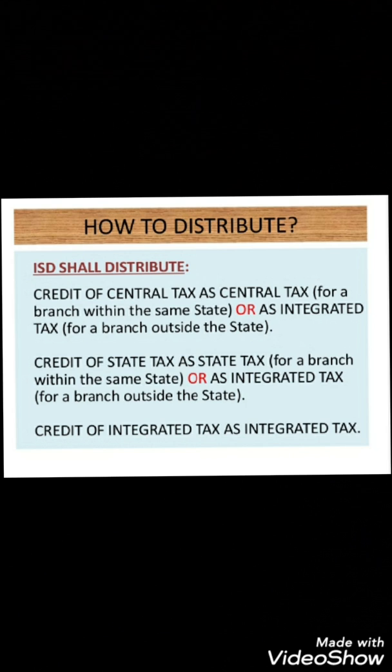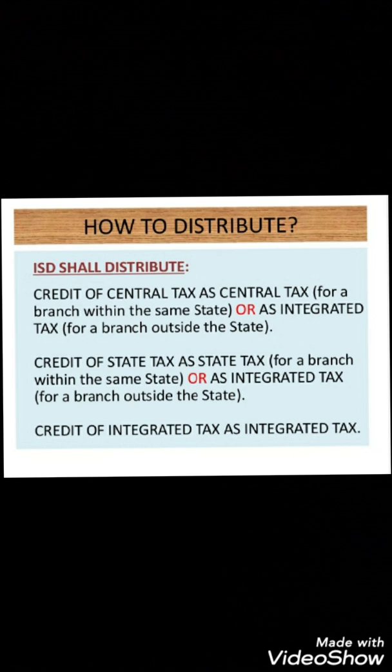In this case, the input tax credit of CGST held by corporate office in Delhi can either be distributed as CGST or SGST to its four branches. The input tax credit of SGST paid by corporate office in Delhi should be distributed as IGST to branch in Gurgaon, Mumbai, Chennai or in Ahmedabad.